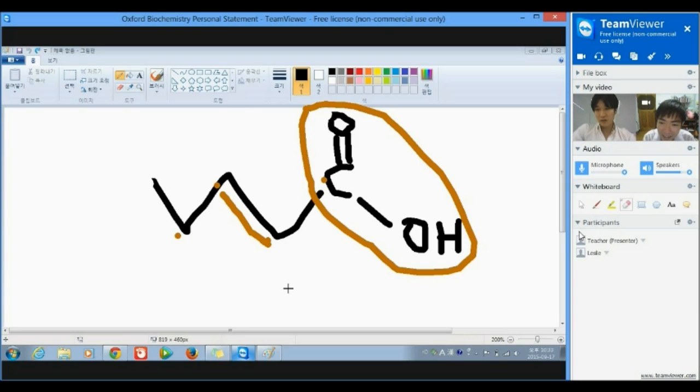Specifically, we're looking at the boiling points of these two molecules. The question is, which molecule has higher boiling point?